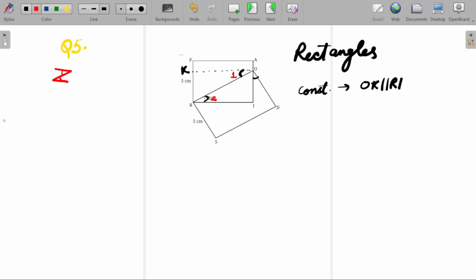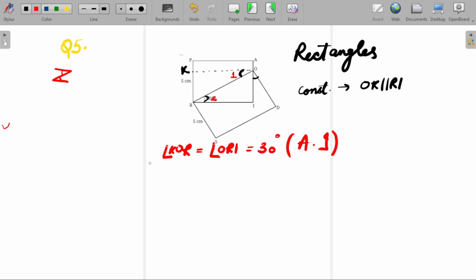That means we can write angle KOR equals angle ORI, which is 30 degrees. They are alternate interior angles.